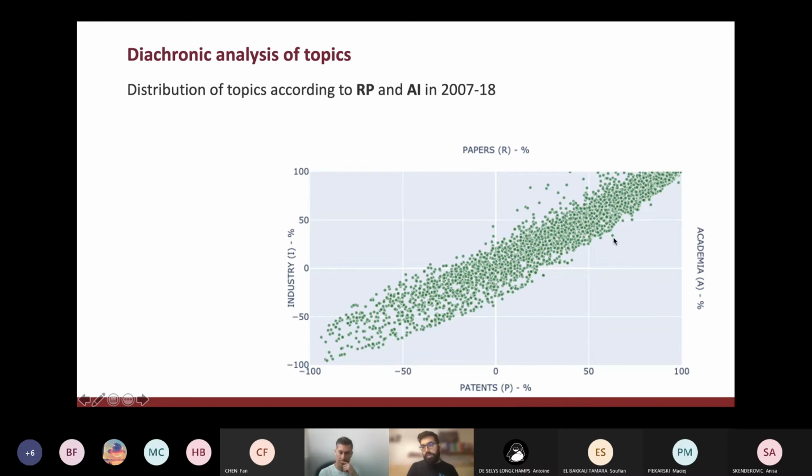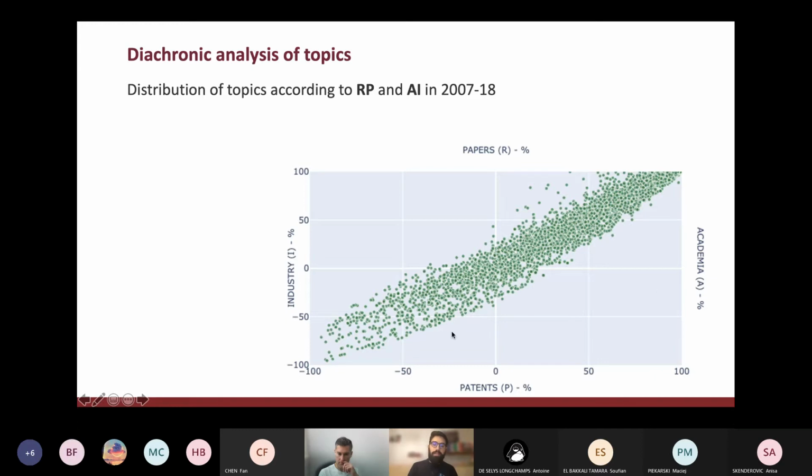Just to give you a brief example, this topic here that I am pointing at with my arrow, I hope you can see my arrow, is basically of interest to academia. It has some interest for industry, because it's not totally here, but a bit here, so there are industrial people working on it, but it's mostly published in papers.